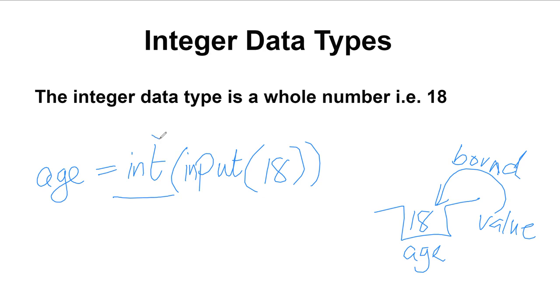But when we qualify and say no, you must receive an int. The input must be of value integer. This tells Python that the value it's receiving is an integer value. And as we've said, an integer value or data type is a whole number.